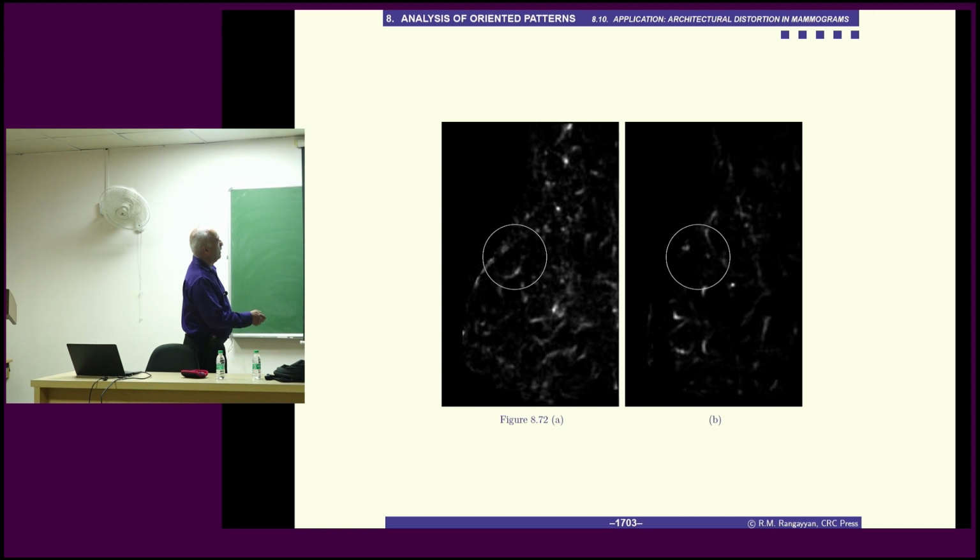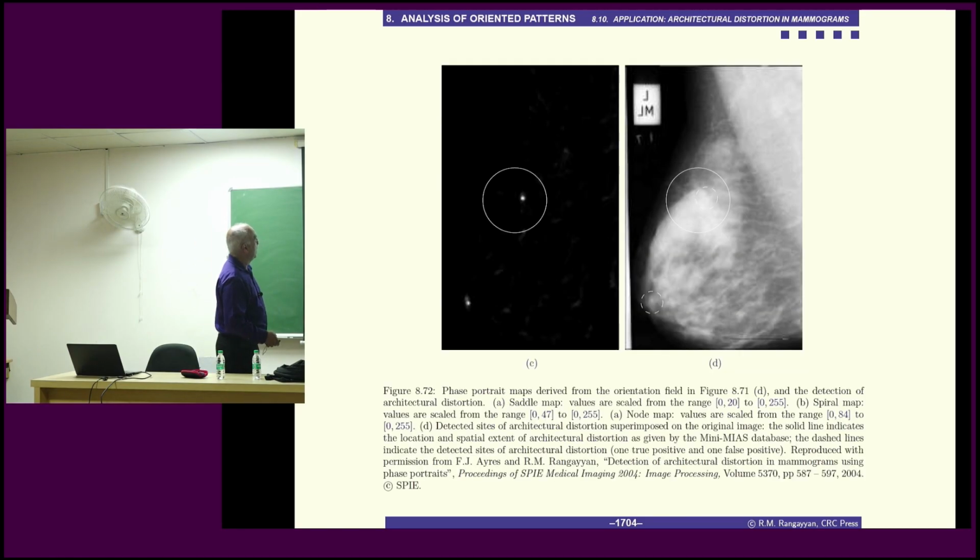So the node map and the filtered node map, there is one large value there, but there are so many other large values. This is also a large value. So when we filtered the node map and put additional criteria, we reduced the node map to two large values. The details are there. You can read later if you wish. Filtering of the node map to remove scattered points by accumulating, like a Gaussian filter.